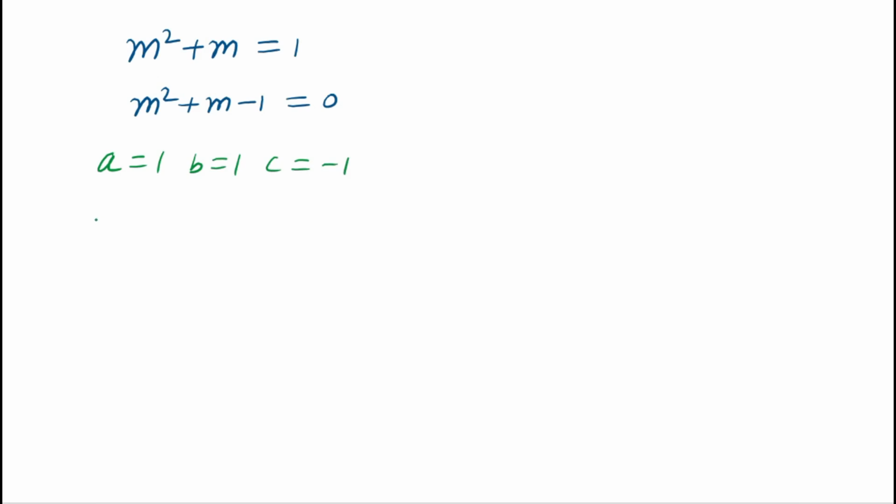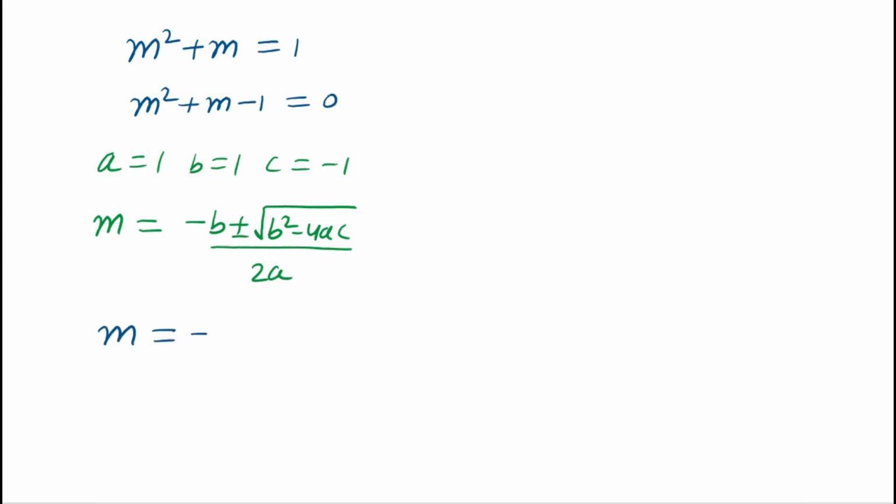And the quadratic formula: m is equal to minus b plus minus square root of b square minus 4ac over 2 times a. Then m is equal to minus the value of b, which is 1, plus minus square root of 1 square minus 4, the value of a is 1 and the value of c is minus 1, over 2 times the value of a, which is 1.